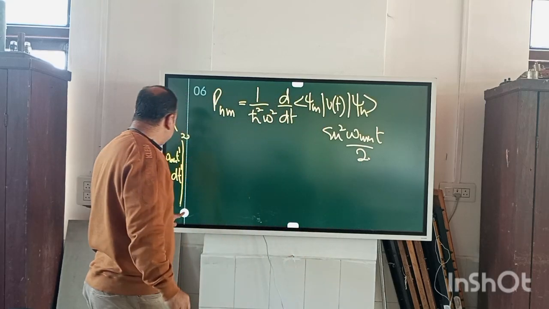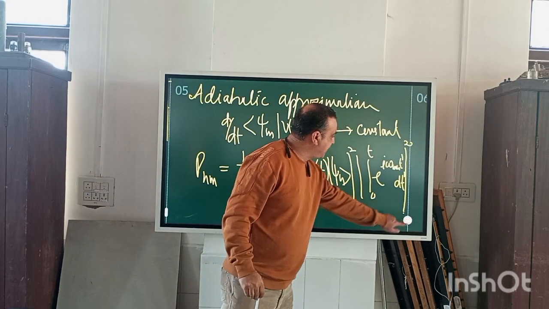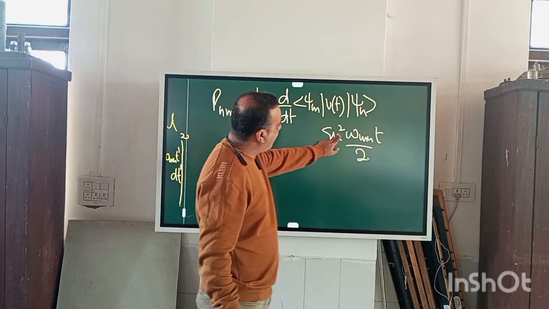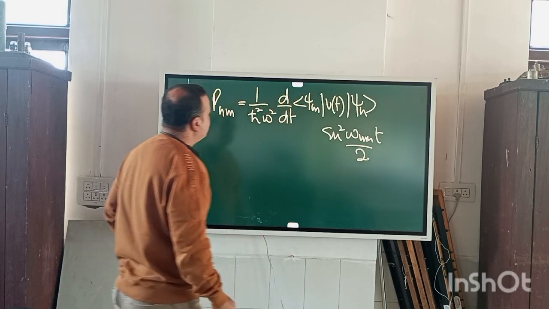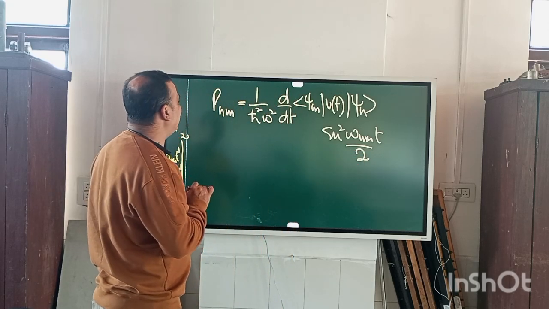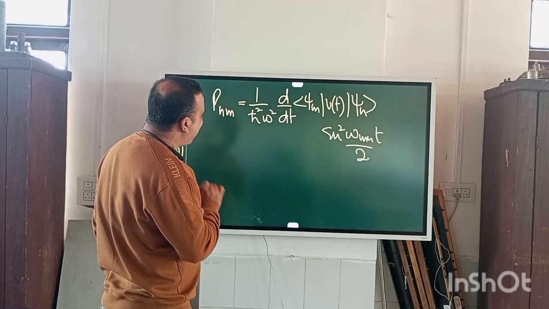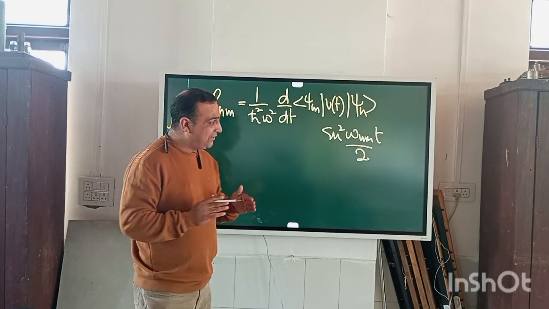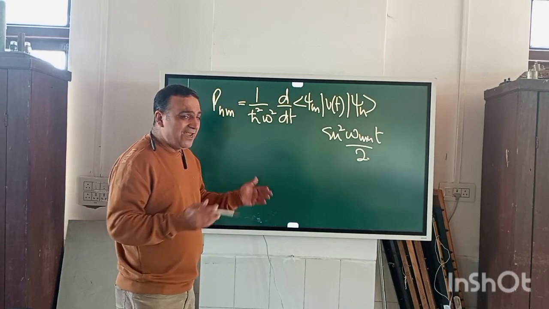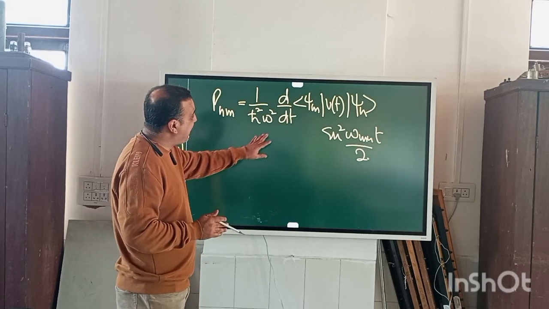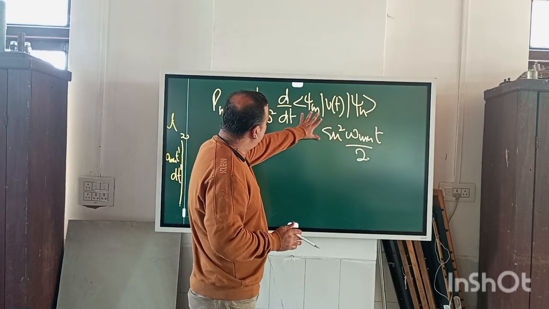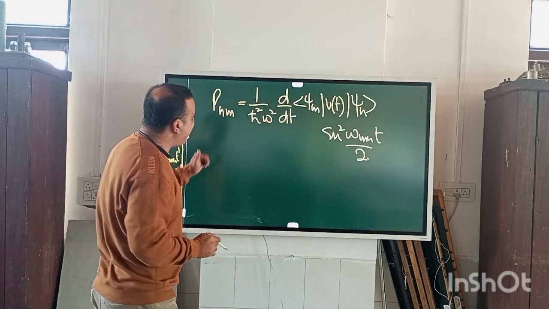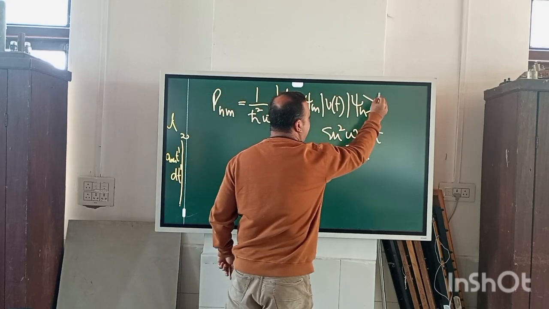We have already solved this integral in the previous lecture, so its value comes out to be sine squared of omega_mn t divided by 2. What is more logical here is that we have treated our system adiabatically, and that means the perturbation we're introducing behaves like a constant. So it comes out of the integration, and it has to be the square.